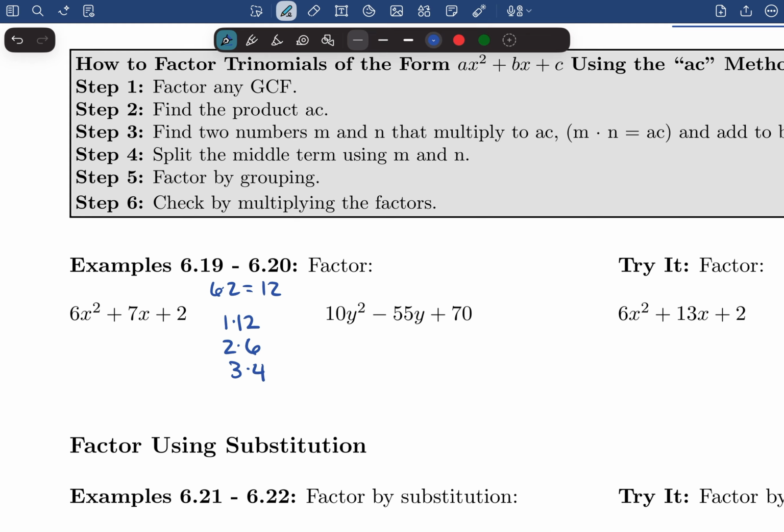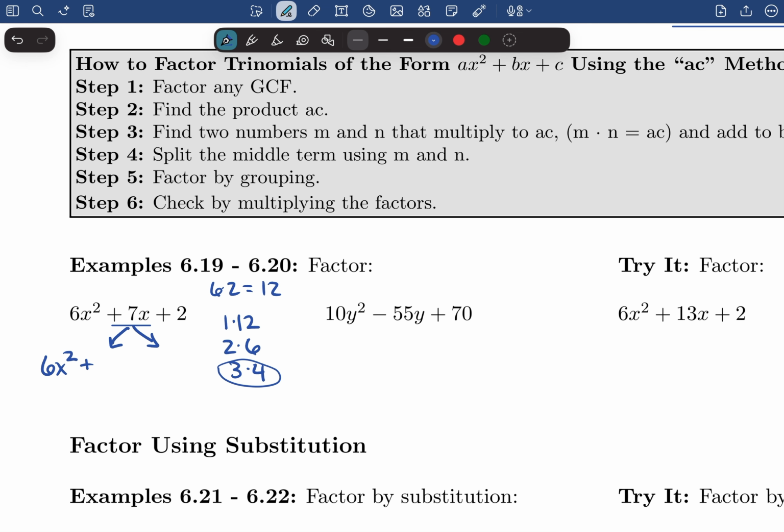Next, we are going to split this 7x, this b term, into two separate terms. The 7x, we're going to split it, okay? And so we can write this as 6x squared plus, well, I look at these sets of factors, and I'm going to try the 3 and the 4.